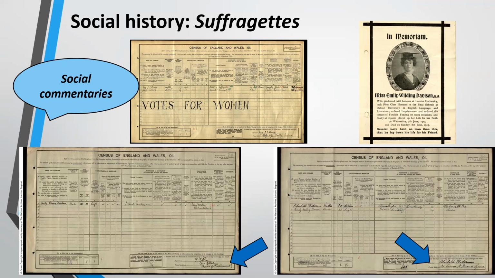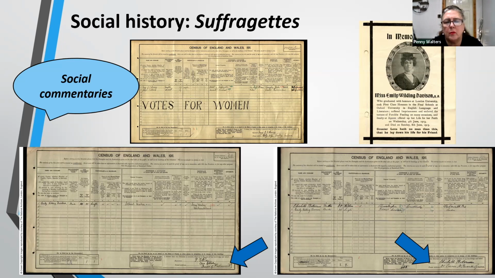Thank you. Okay, yeah. So basically, what we've also got in 1911 is a little bit of tampering, if you like, with the comments, because people were filling it in for themselves. At the time, people were complaining that women could own a property, but they weren't allowed to vote.